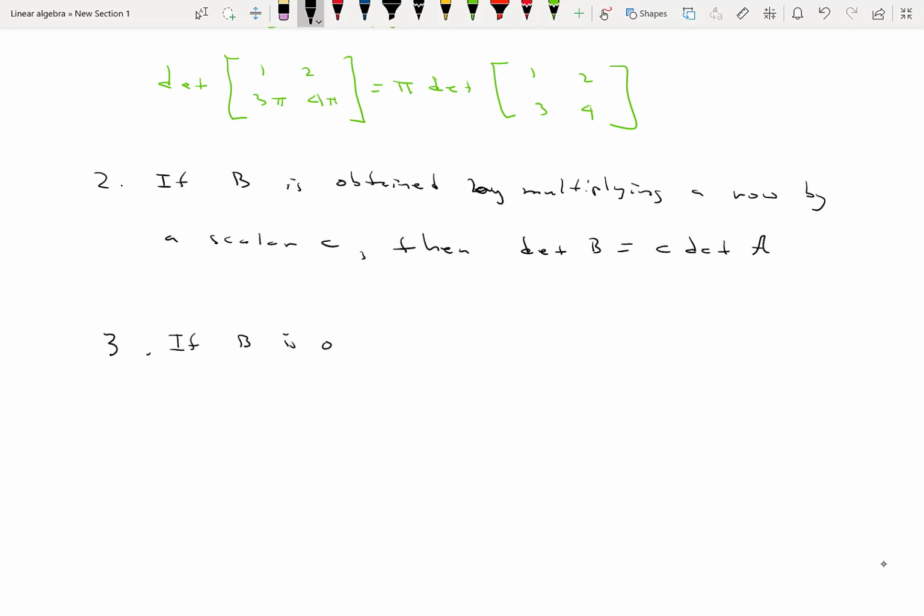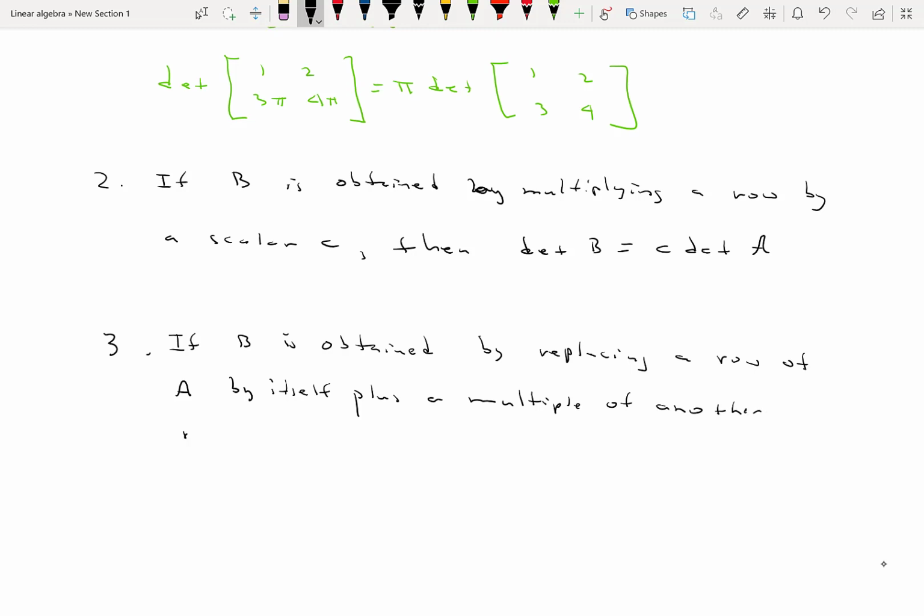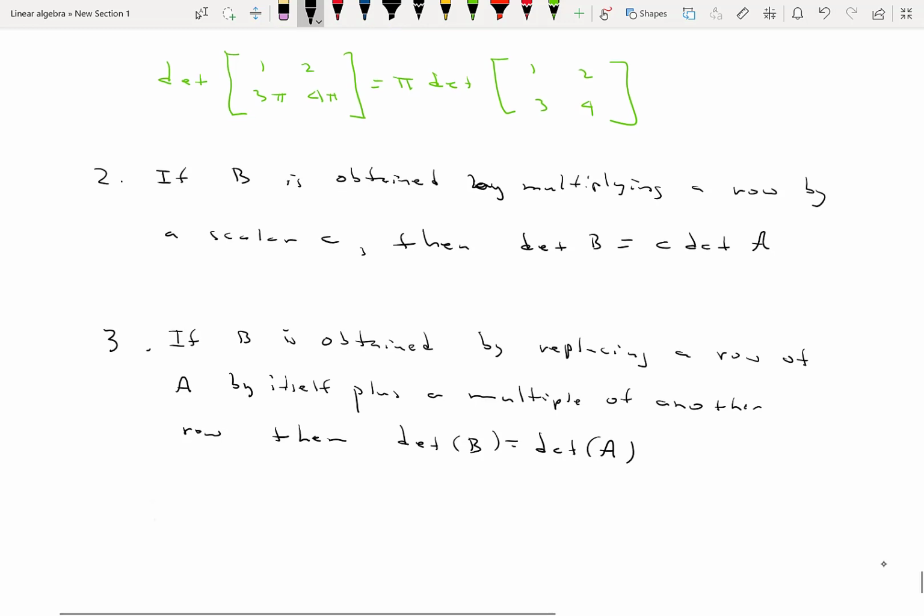Let's say B is obtained by replacing a row of A by itself plus a multiple of another row, then, and this is kind of neat, the determinant of B is equal to the determinant of A. So if you perform that most complicated of the elementary row operations, the value of the determinant remains the same.